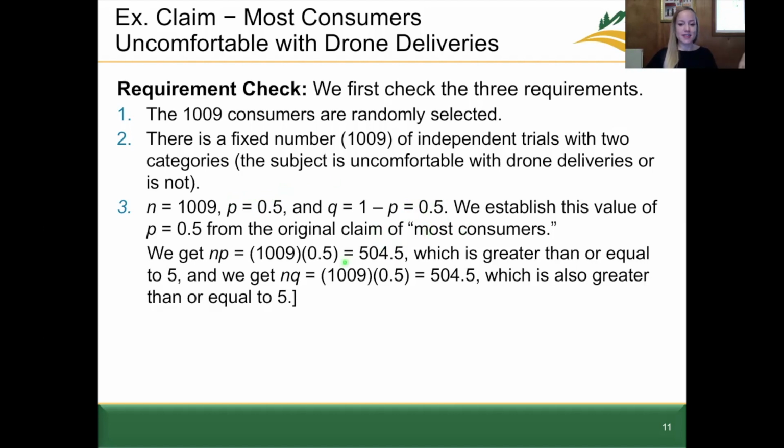And is n times q greater than or equal to 5? Well, n is 1,009, p is 0.5, so multiplying these together, we get 504.5. That is definitely greater than or equal to 5. Same thing here for n times q, because p and q are the same numbers, so n times q is also greater than or equal to 5.